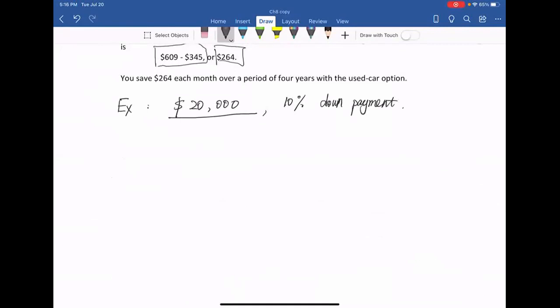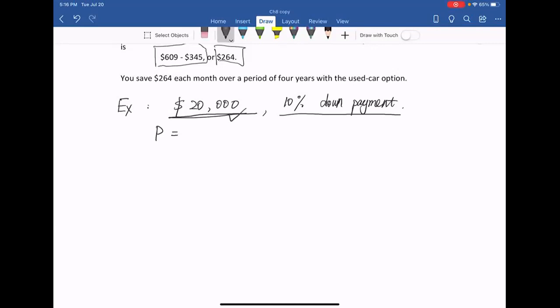So the loan is not $20,000. The loan you need to borrow, because you need to pay 10% down payment, that's the money you saved. So you don't need to borrow that much, the $20,000.